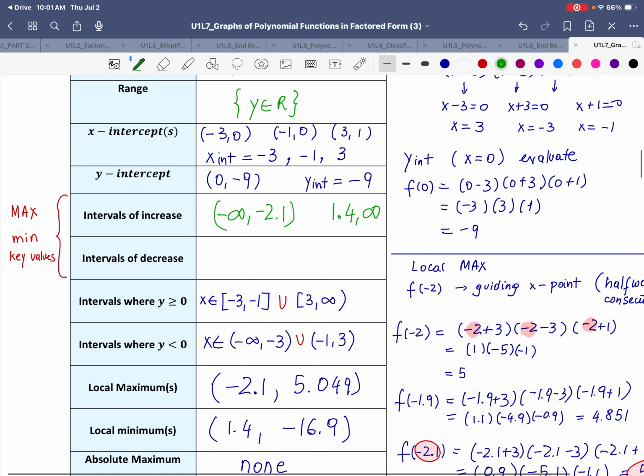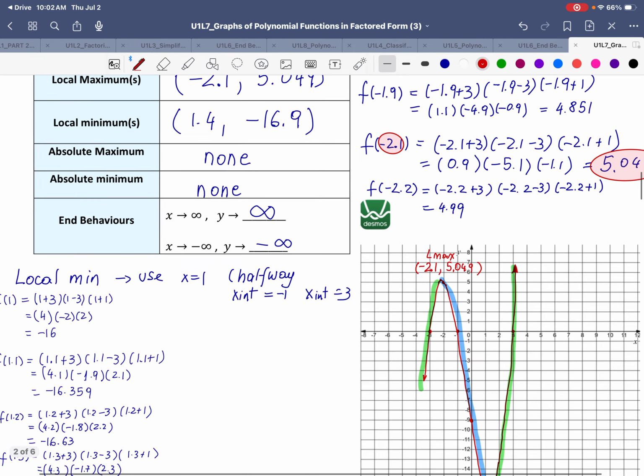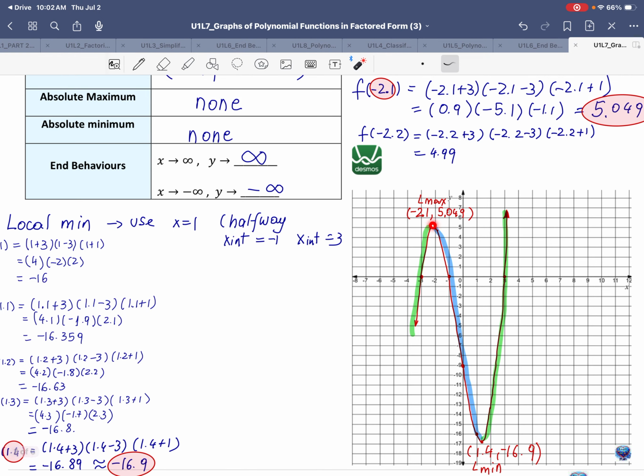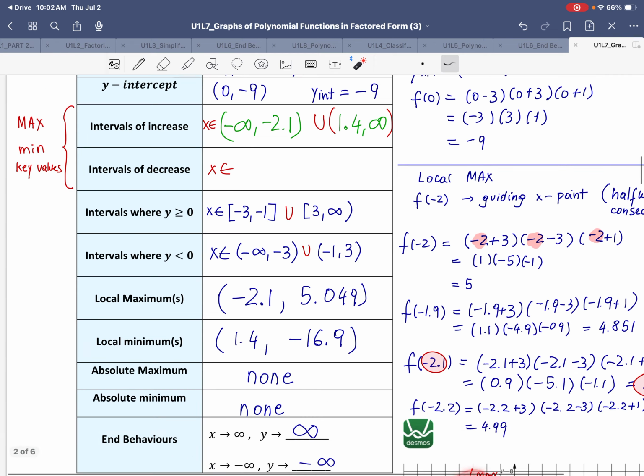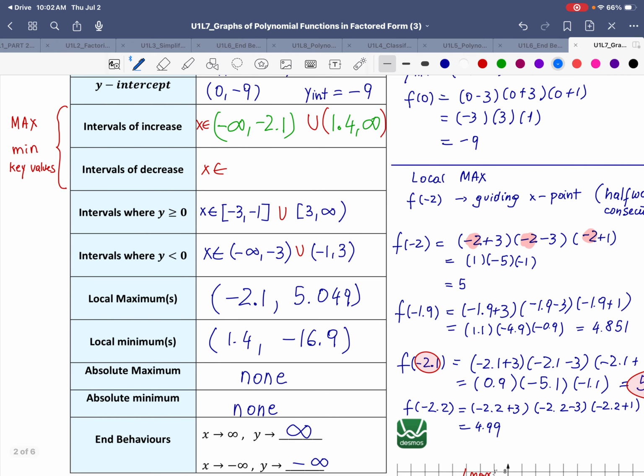So we're going to say that the x values will be between these two intervals, and intervals of decrease will be for the x values between the local max and local min, which is negative 2.1 and 1.4. So negative 2.1 comma 1.4.